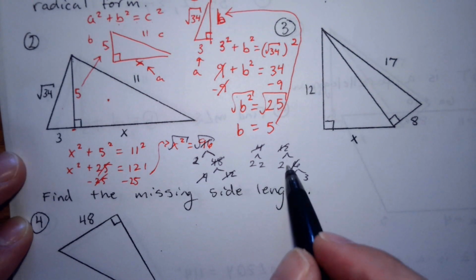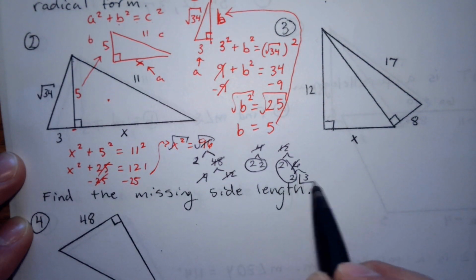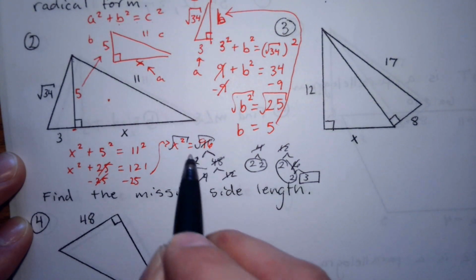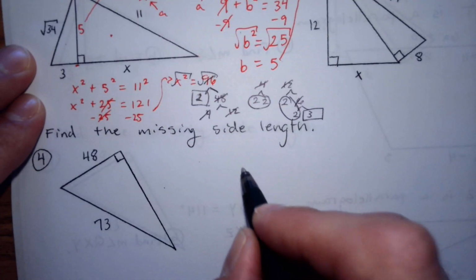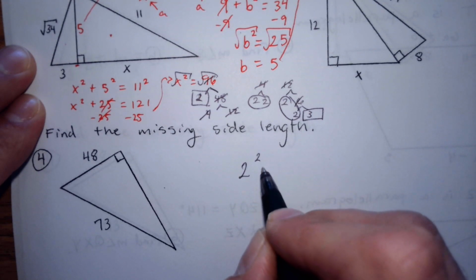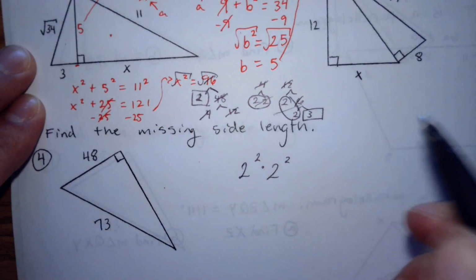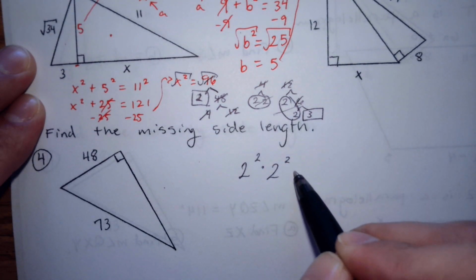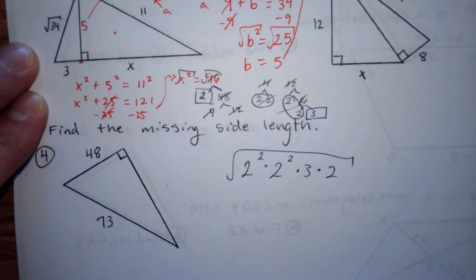So I'm circling the pairs. So 2. I'm circling another pair. And then the leftovers are the 3 and this 2. So I have 2 squared from this, done. 2 squared from that. And then 3 and a 2 on the inside of the square root.